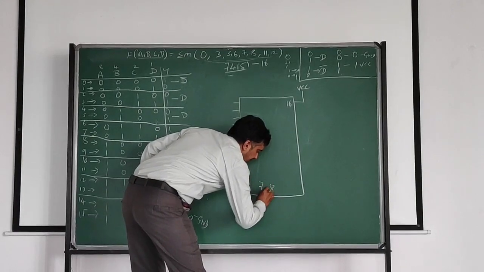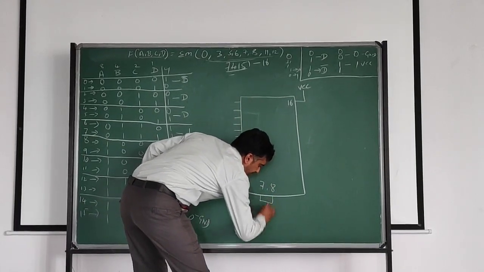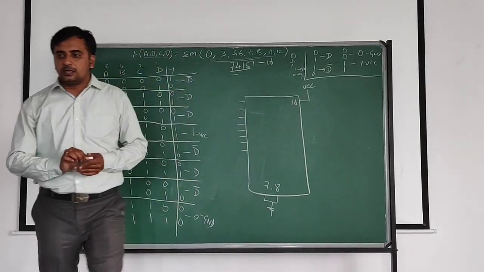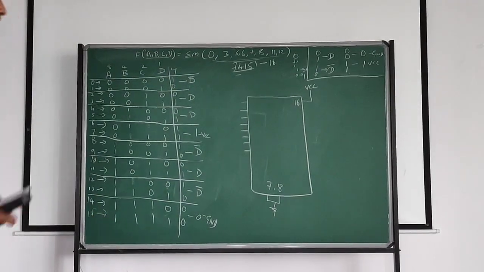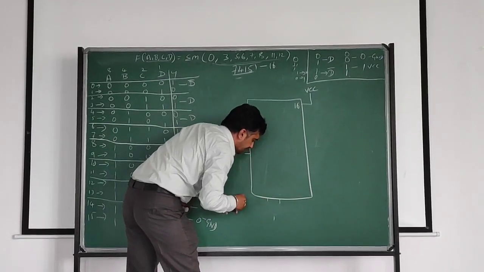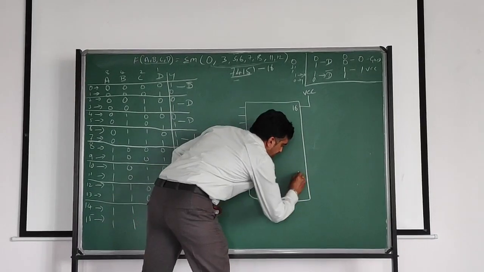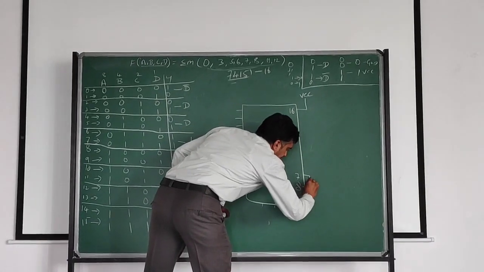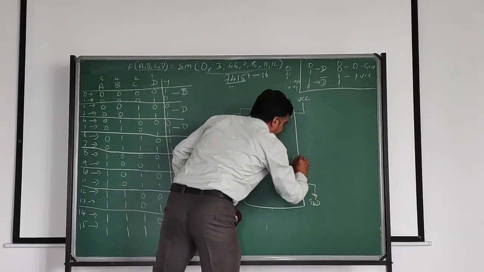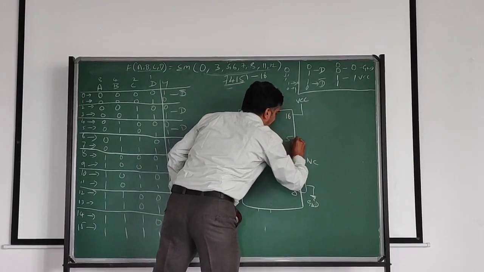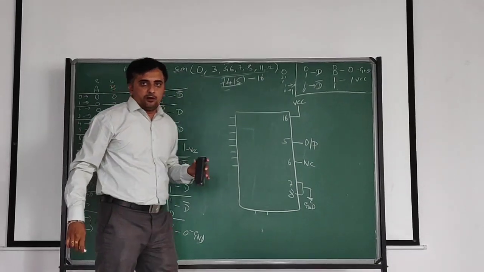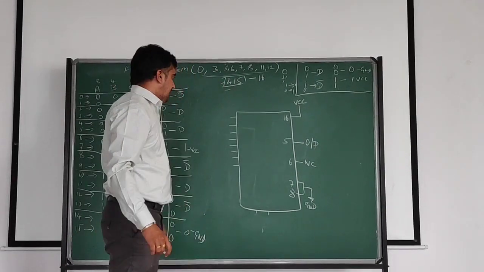And pins 7 and 8 should always be connected to ground. Clear? Pin 6 has no connection, and pin 5 is always the output. This is the standard format for the 74151 IC.